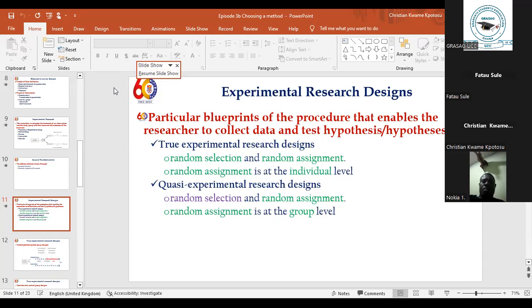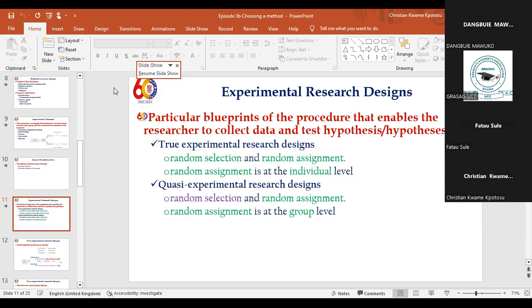Thank you so much for coming. I had wished that we delved more deeply into the statistical analysis for some of these designs, as one of our participants brought out, where we were talking about the ANOVA, but I'm very sure that the GRASAG executives are making everything possible for that face-to-face session to come alive.